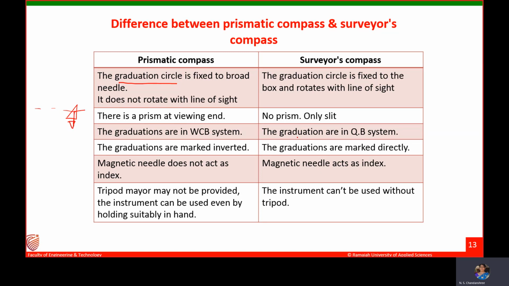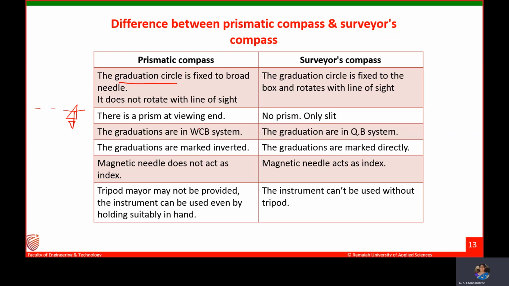But in a surveyor's compass, as the readings are directly fixed on the base of the compass, the readings will not move, so you can directly take the readings with the help of the naked eye.